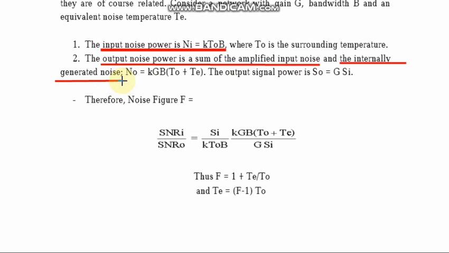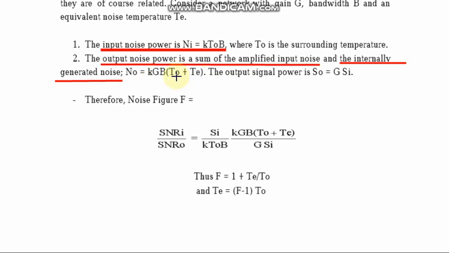The internally generated noise is due to the equivalent noise temperature TE. So in place of T0, if we put TE, then it will give the equivalent noise power due to TE. Both the terms we have to take into account, and you have to add them.